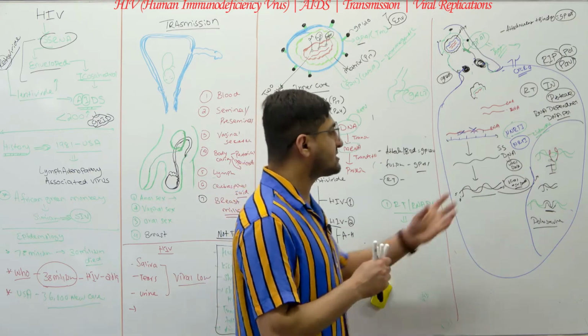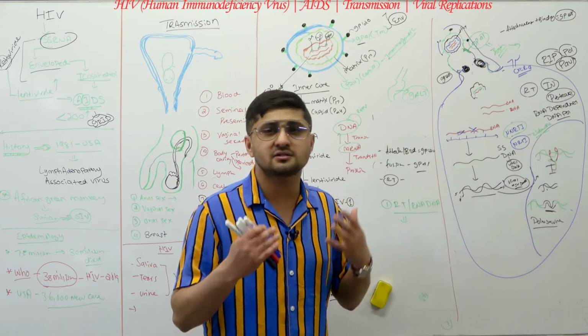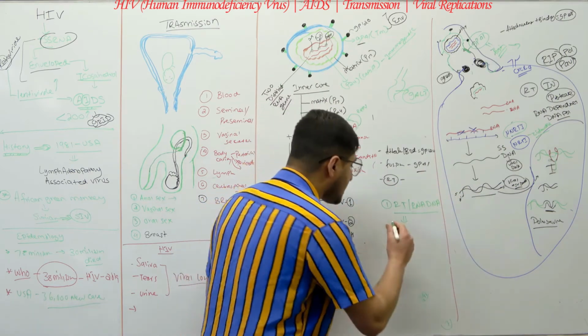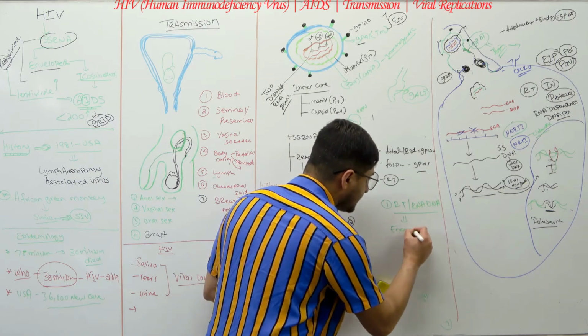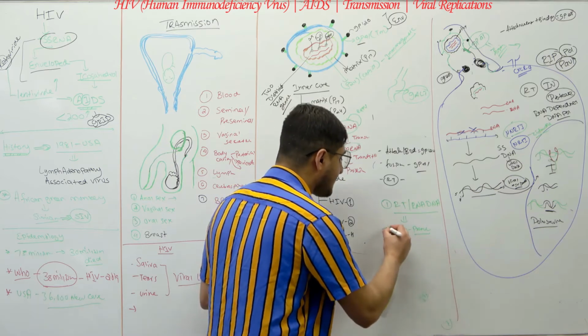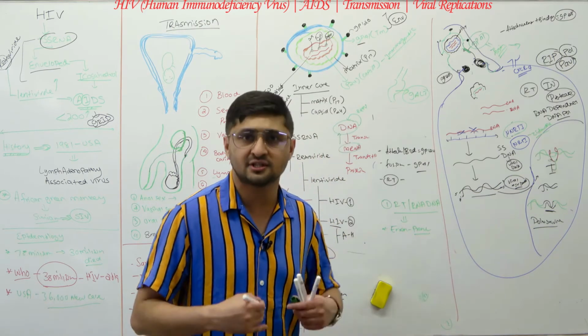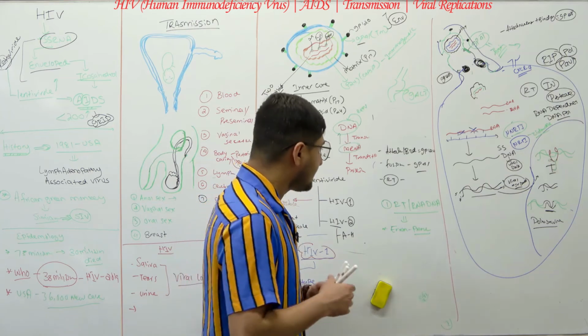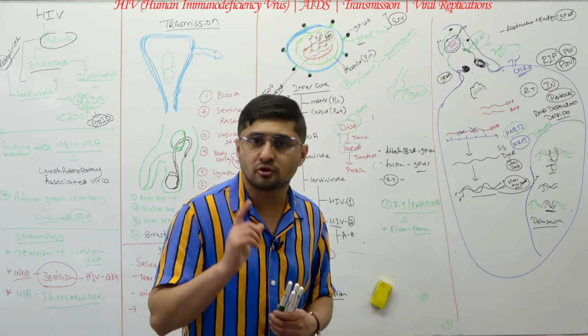Meaning that whenever there are mistakes, usually it doesn't fix them, right? So it is error prone. It can make so many mutations and it doesn't fix them.